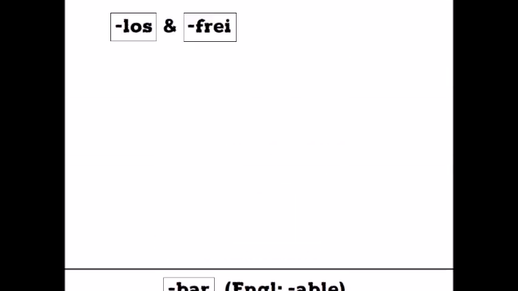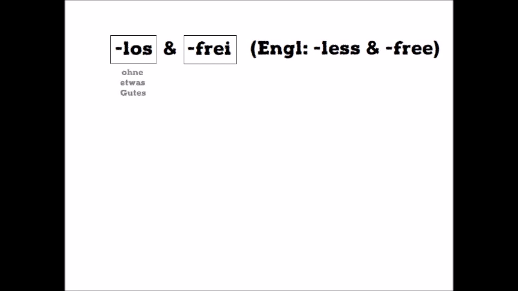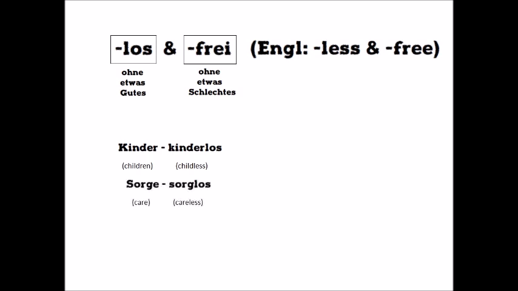The next two are los and frei. They both mean without, but los is lacking something of value, while frei is not having something which is bad. They are used with nouns. For example, Kinder, children, kinderlos, childless, Sorge, care, sorglos, careless, Arbeit, work, arbeitslos, without a job.